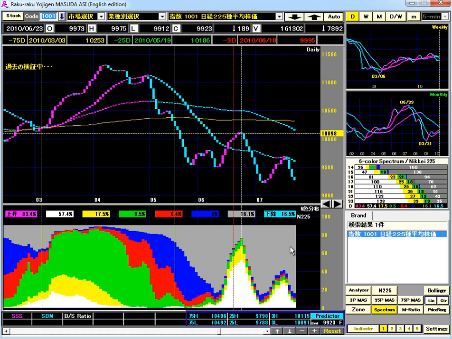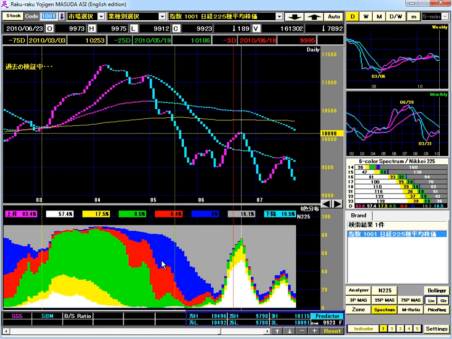And in order to make the interpretation and the reading of the 6-color spectrum even easier, the Masuda ratio was developed. That is the main topic of today's lesson, the Masuda ratio.